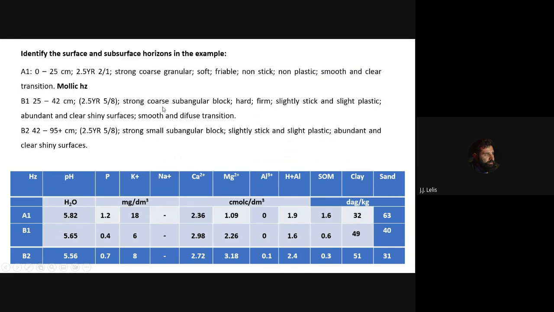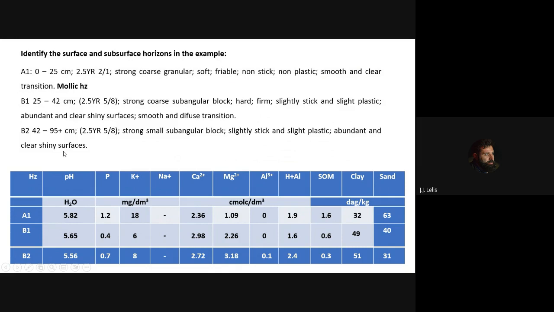So here we have a larger structure, but they are very similar. Here we have a hard consistency that's firm, slightly sticky and slightly plastic, with abundant and clear shiny surfaces. Like here we also have abundant and clear shiny surfaces.